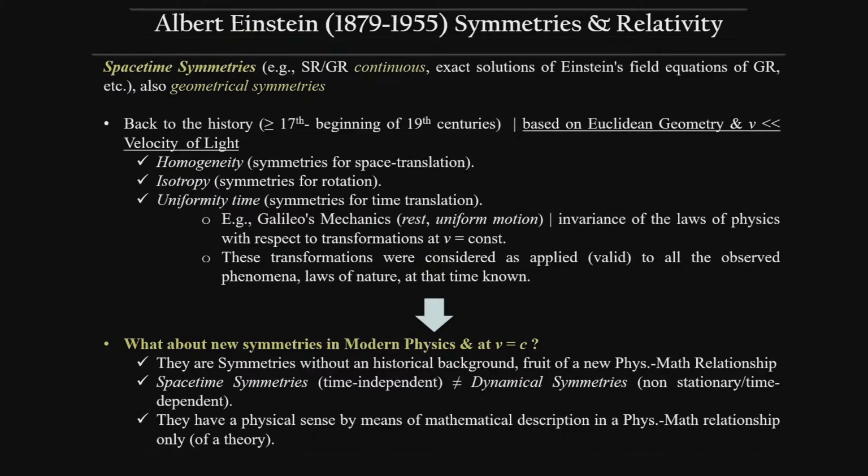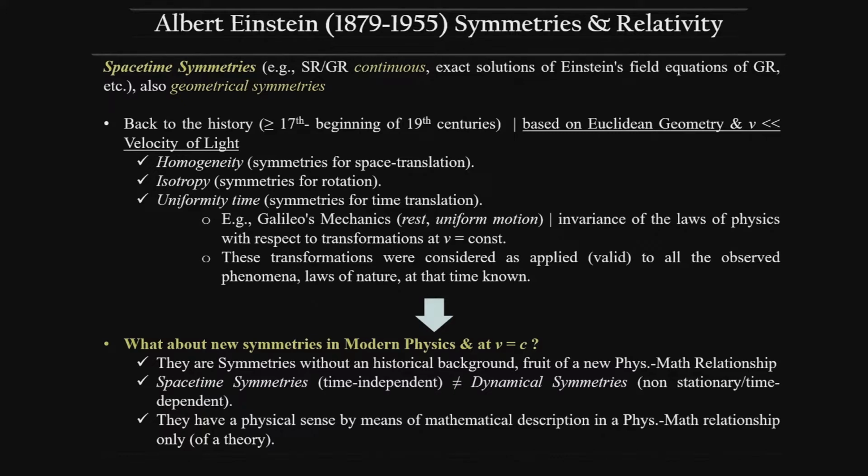But taking into account, if we go back to the 17th century, based on Euclidean geometry, for speed inferior to the speed of light, we can talk about its homogeneity, its isotropy, uniform time, etc., etc. But if we take into account this kind of motions in this kind of frames, this kind of objects, this kind of physics, what about if we move at the speed of light?